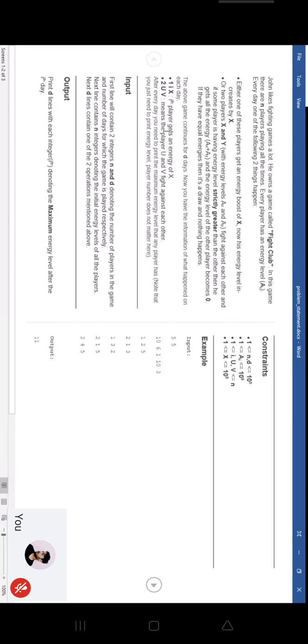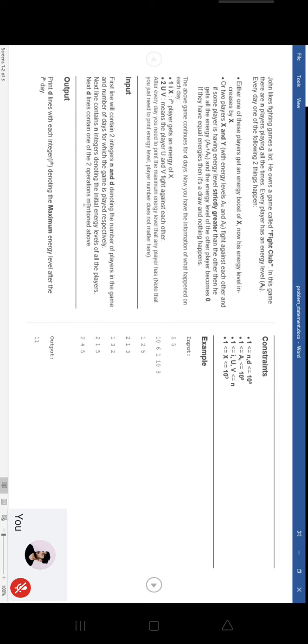So the third player will get the energy boost, and the amount of energy boost it will be getting is 5.